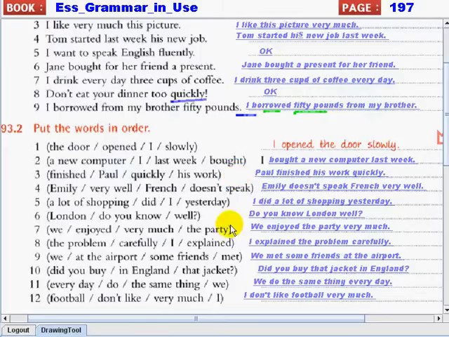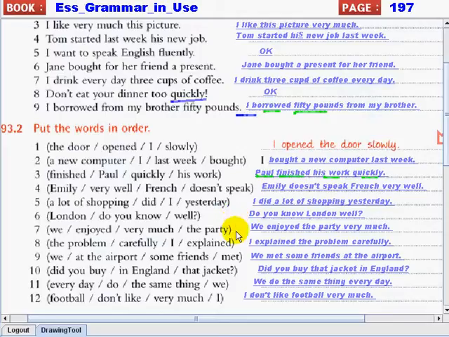Our subject here is Paul, and then followed by the verb finished, with his work as our object, and our adverb quickly is at the end of our sentence. 4th, Emily doesn't speak French well or French very well. 5th, I did a lot of shopping yesterday. 6th, do you know London well?